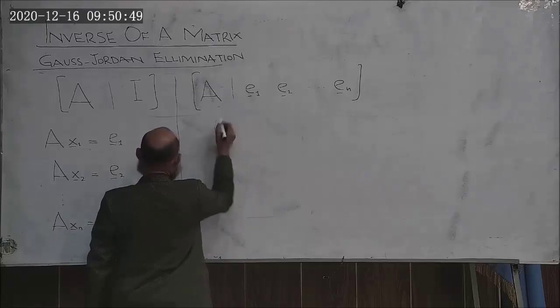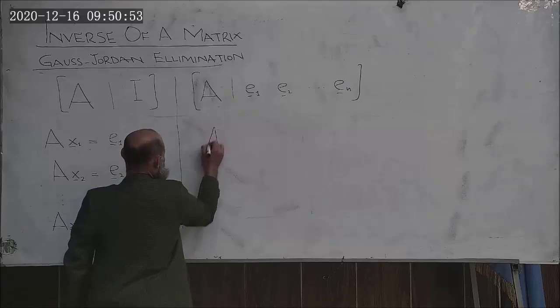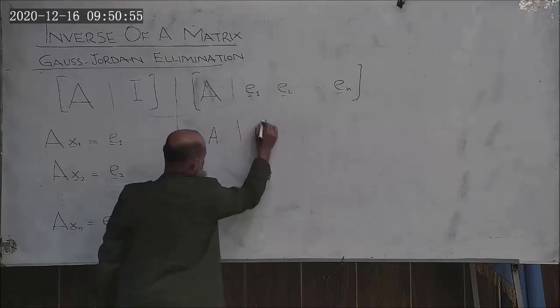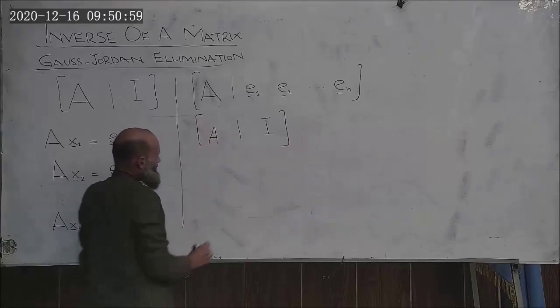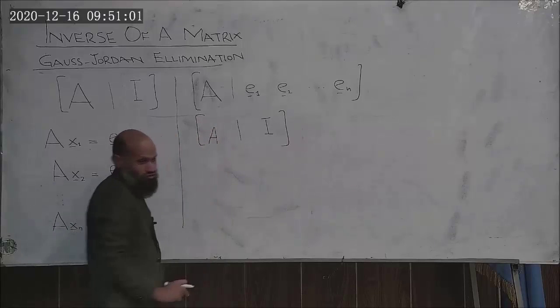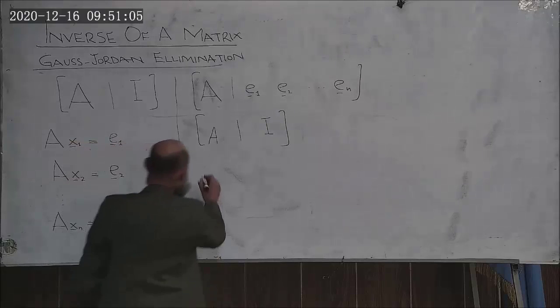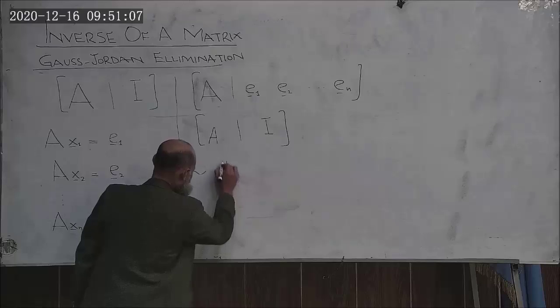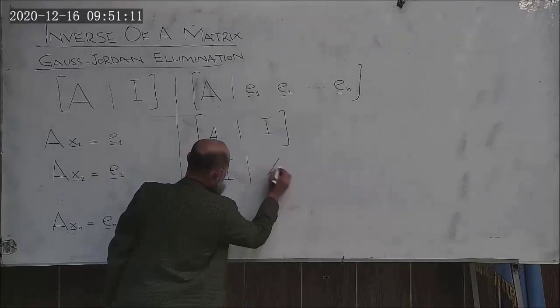We have just collected them together to write this complete identity matrix, and then performed row operations. So to solve the system of equations, you are allowed to perform row operations. You performed row operations to transform this into this form.